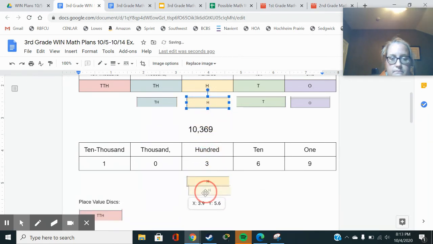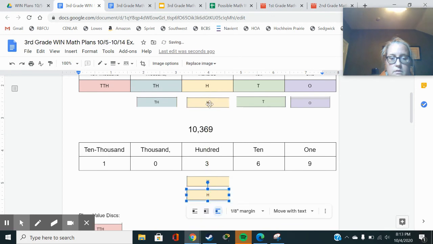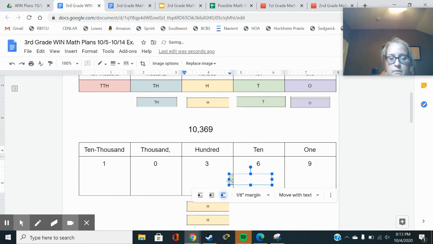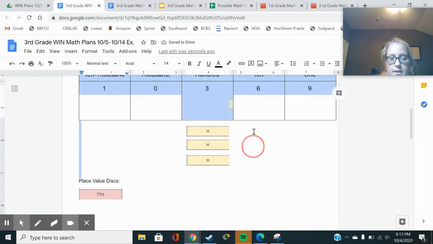1, 2, 3. Next one says 6 tens. So I'm going to grab 6 of these. Whoops, formatting's being a little funny.